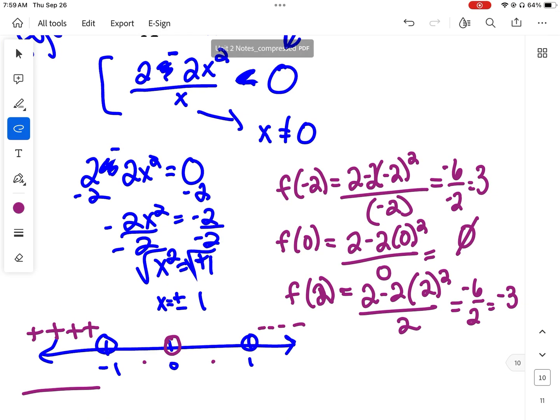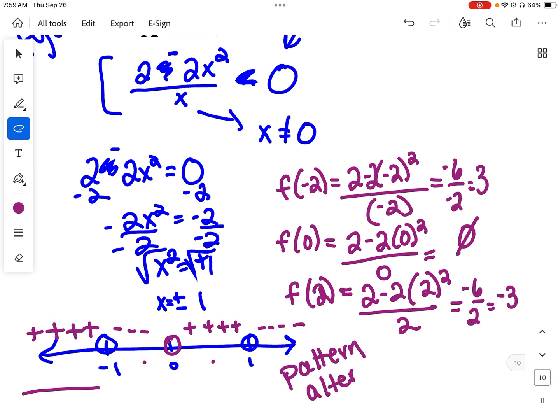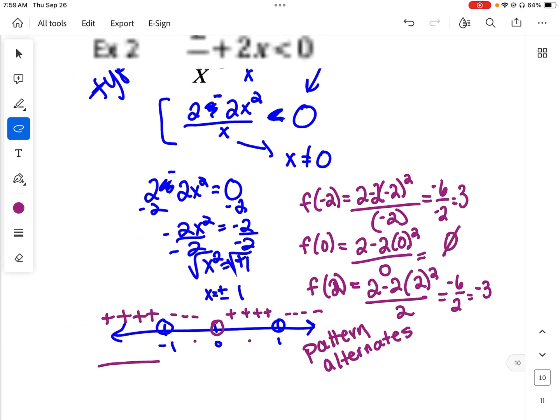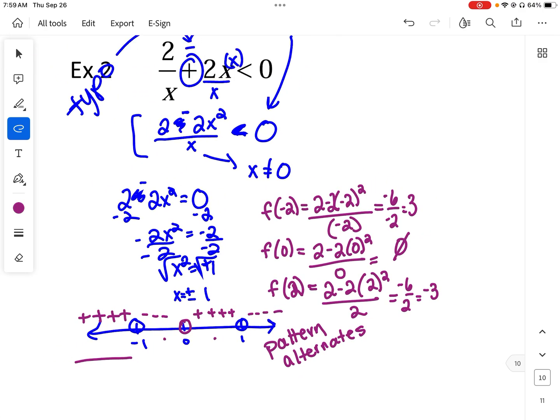Okay, so remember it was positive, negative, positive, negative. So actually, the pattern is going to alternate. So that's going to be helpful for us. So let's look at what we want so we'll know which area to shade.